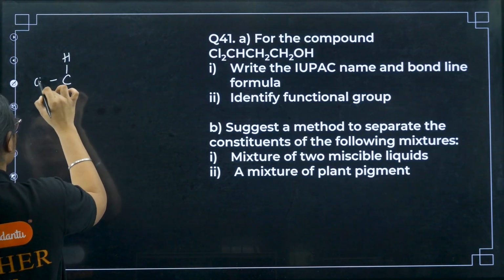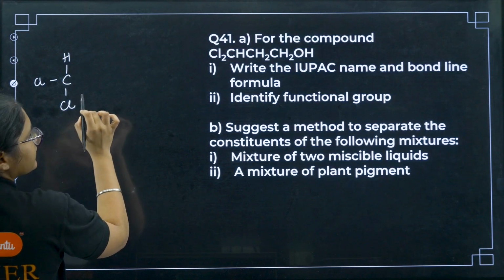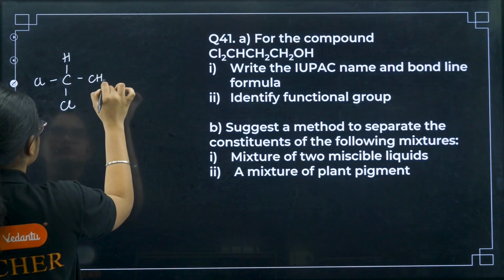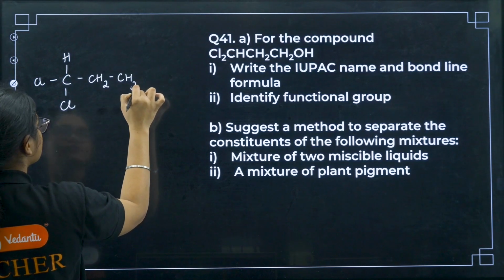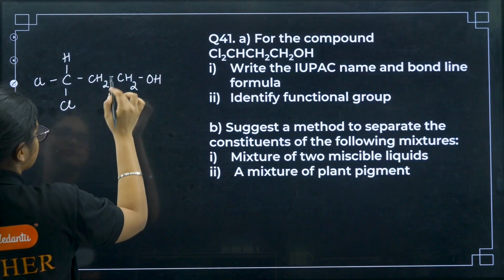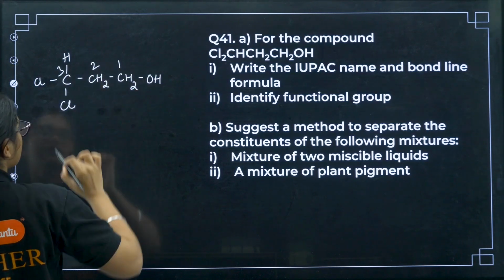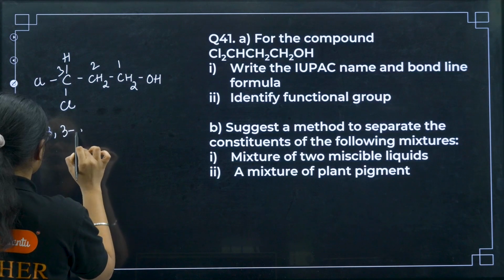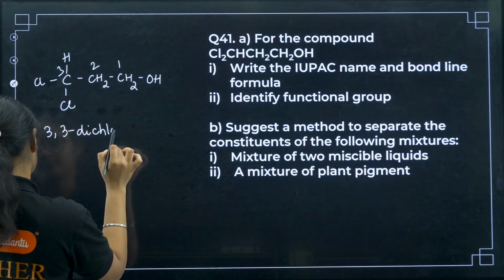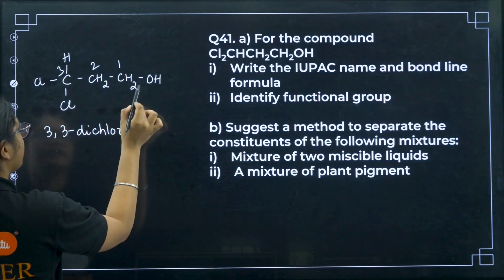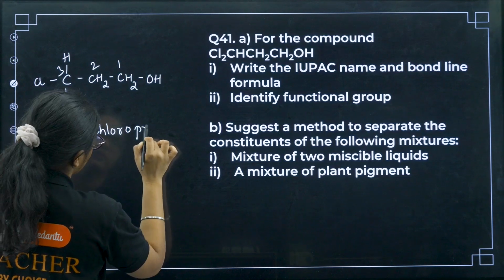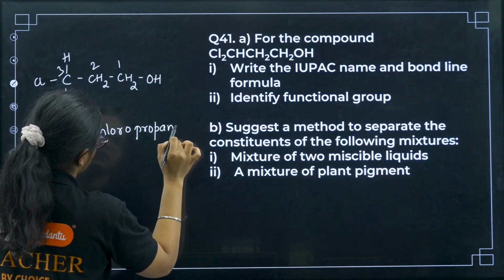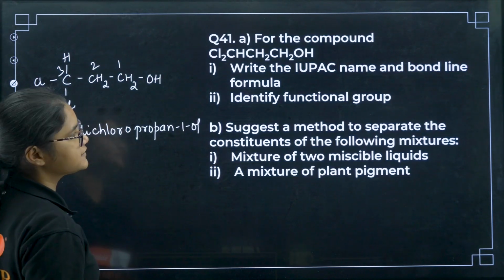CH, Cl, Cl, CH2, CH2, OH. Okay. 1, 2, 3. So, you can write it like 3,3-dichloropropan-1-ol. Okay, this is there.